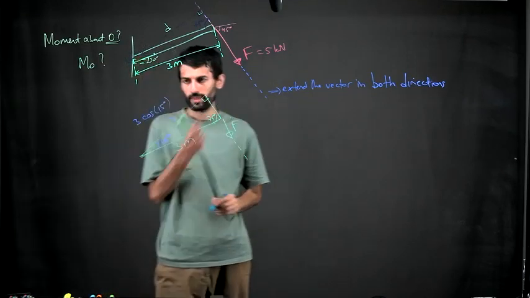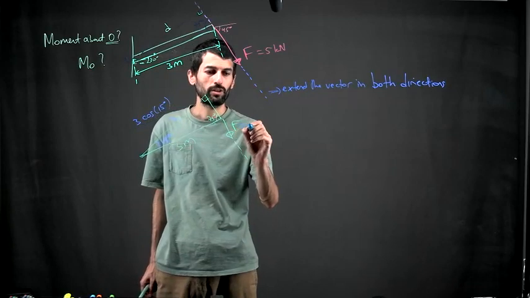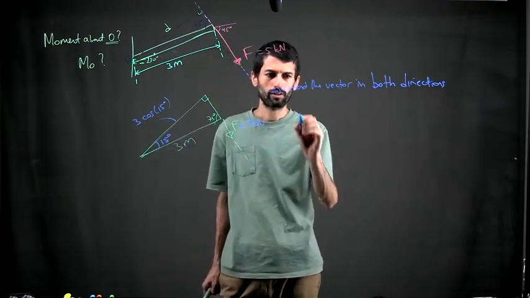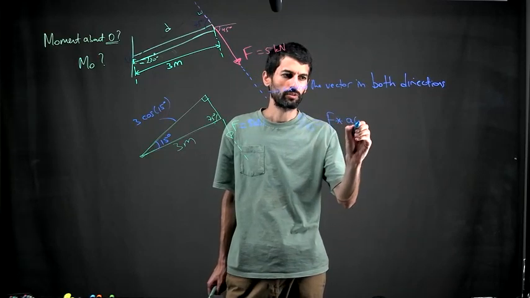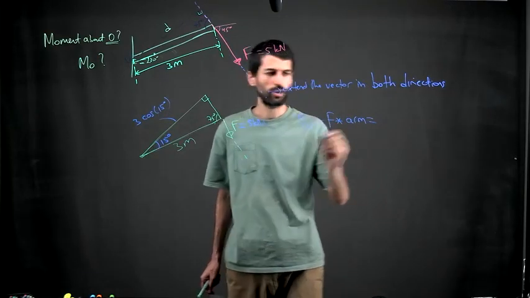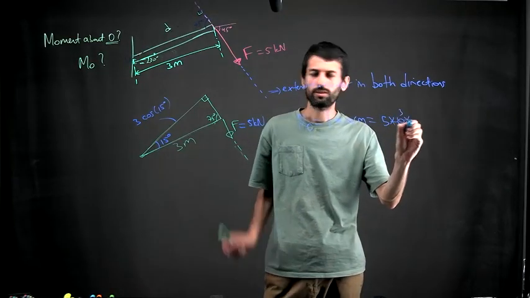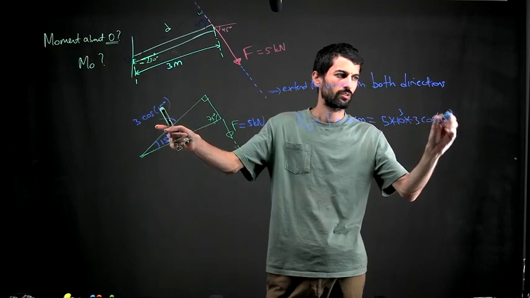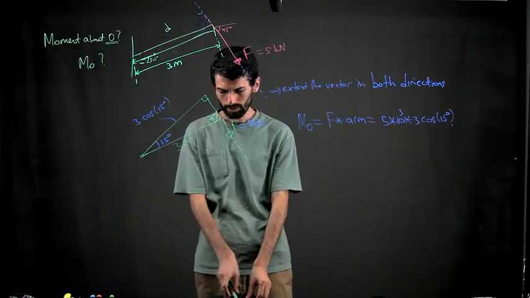The force is 5 kilonewtons, so the moment about O will be the force times the arm. The force is 5 times 10 to the power of 3, times the arm, which is 3 cosine 15 degrees. If you can find it, we can easily solve the problem.